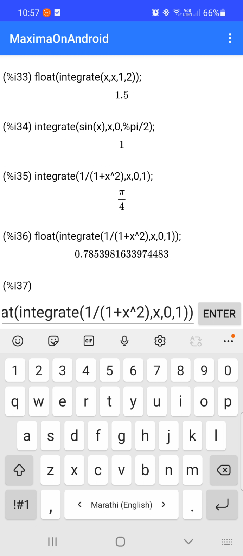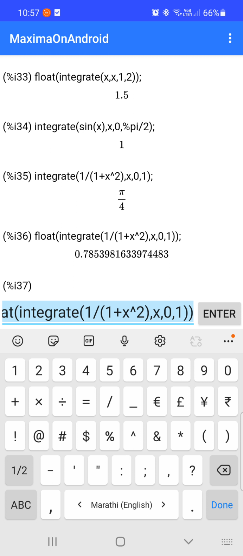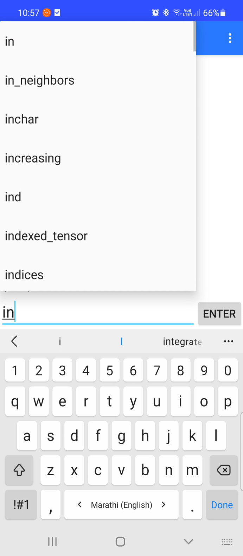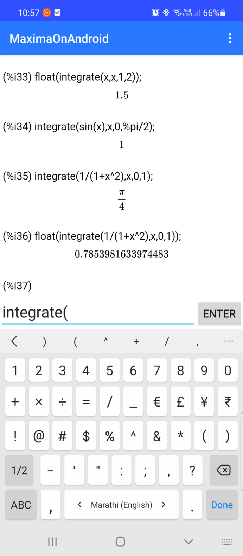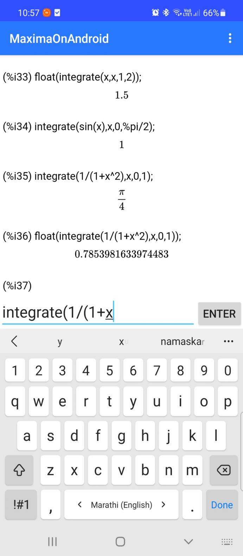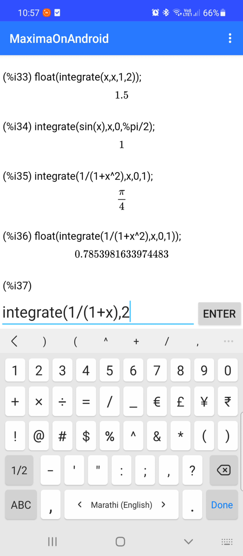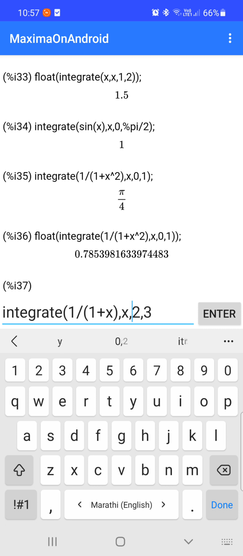So by using Maxima you can find the integration and derivative of any function if its antiderivative exists. So take one more example, say integrate 1 divided by 1 plus x, and the limit is from 2 to 3 in terms of x.